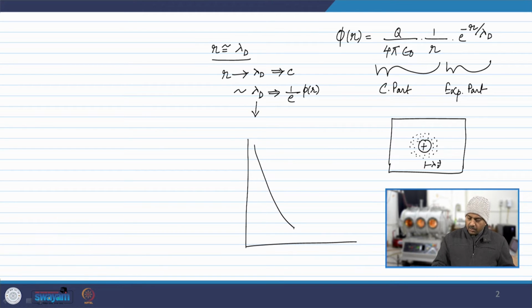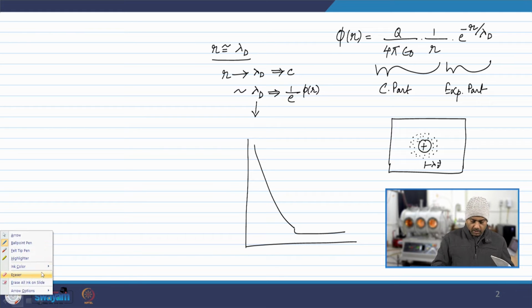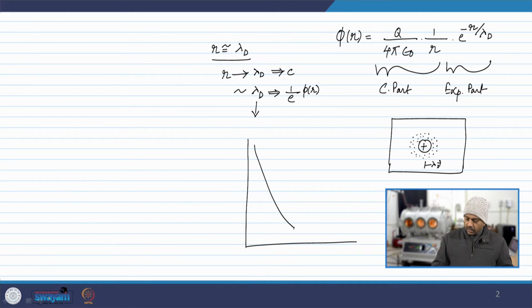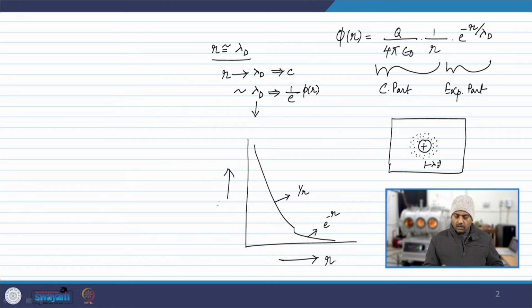It will be 1 by r for some time and then it will decay very fast. This is a 1 by r dependence and this is an e to the power of minus r dependence, and this tells you the magnitude of the potential as you go away from r.